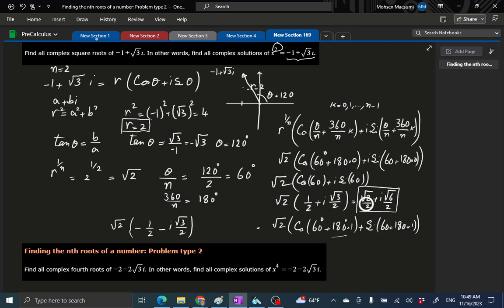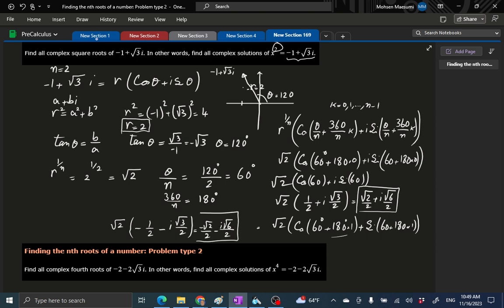So all that has happened is that it's just a negative of this. That's always the case for solving x squared equal to something. Whatever solution you get, simply multiply it by negative. So if I multiply this thing by negative, I get minus radical 2 over 2 minus i radical 6 over 2.